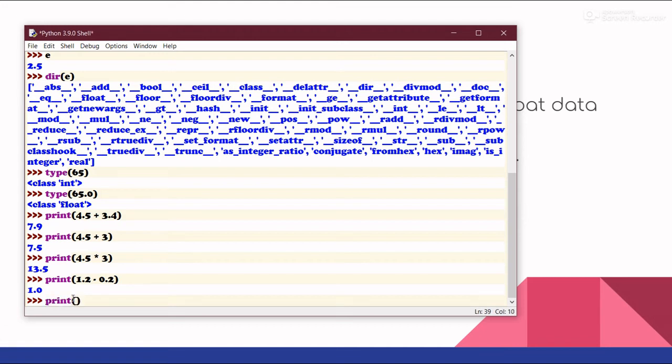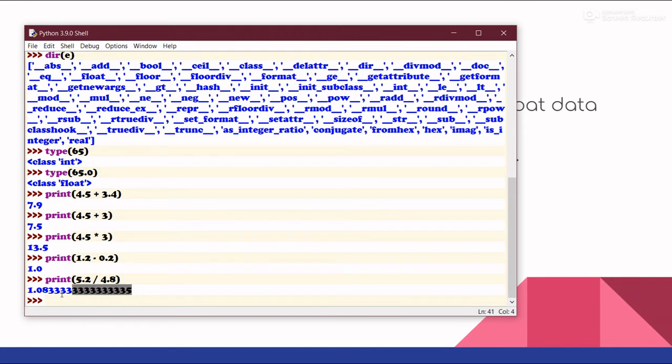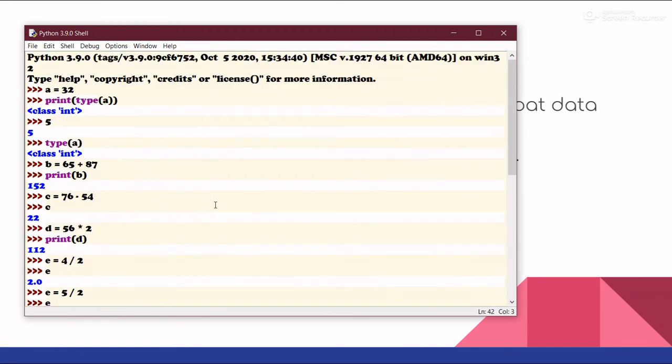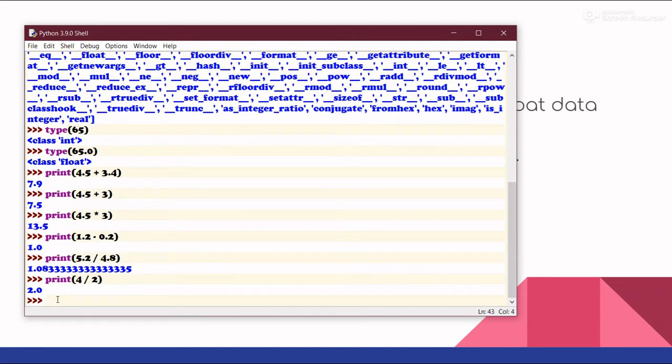The same thing can be done in division. For example, 5.2 divided by 4, or you can divide by any floating point number also. We got this, which is also a floating point number. And for division, it's actually a special case. Whenever we divide even integers like 4 divided by 2, it will still be a floating point value, which we got in the previous example as well, right? The reason behind it is Python just doesn't want to confuse us.